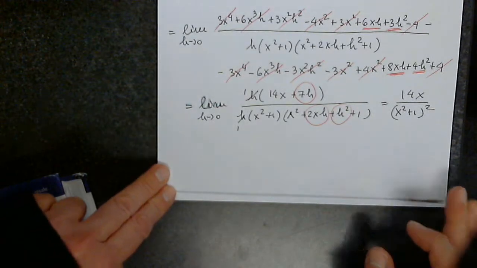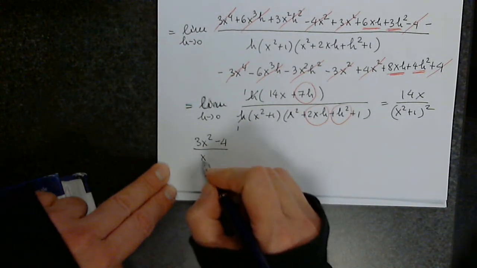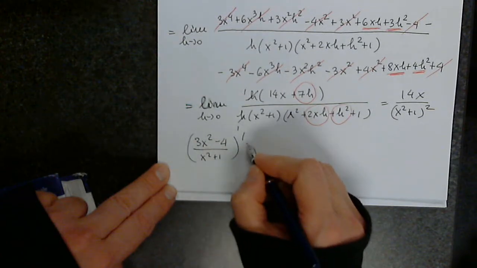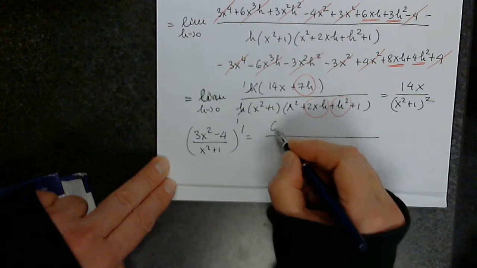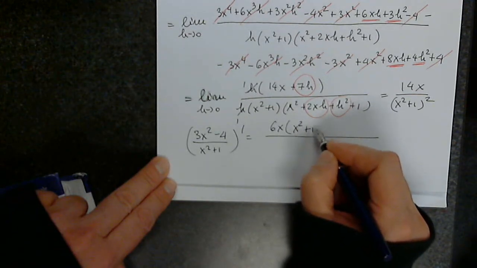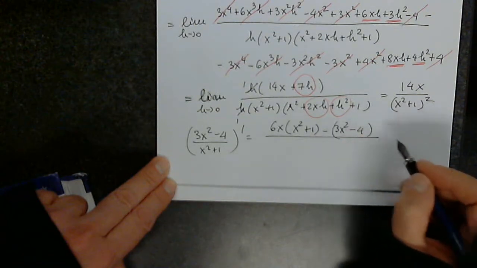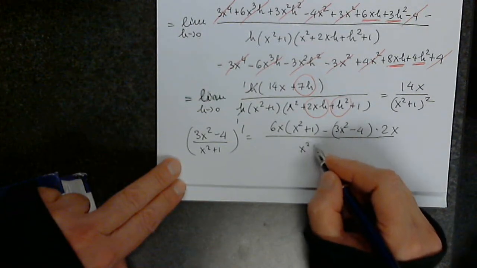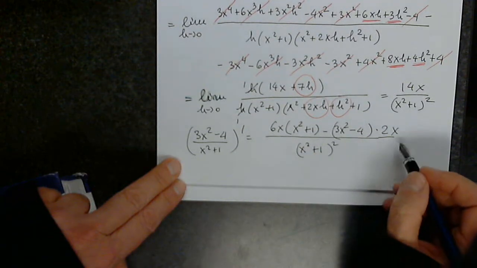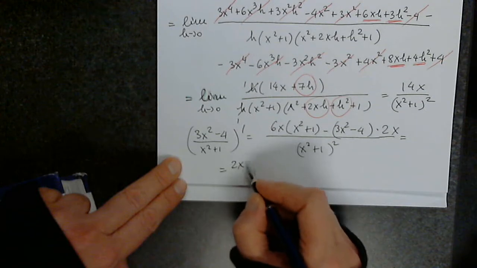Of course, now I have a tool that allows me to find the derivative of this in a blink, sort of. So the top prime is 6x times x squared plus 1 minus 3x squared minus 4 times the denominator prime over the denominator squared. I would factor out 2x.